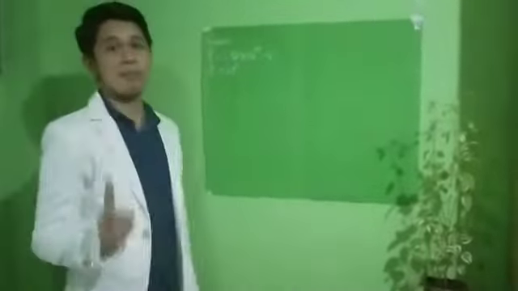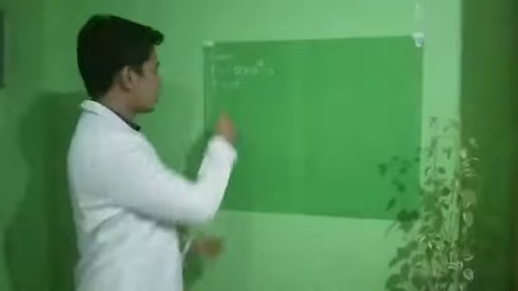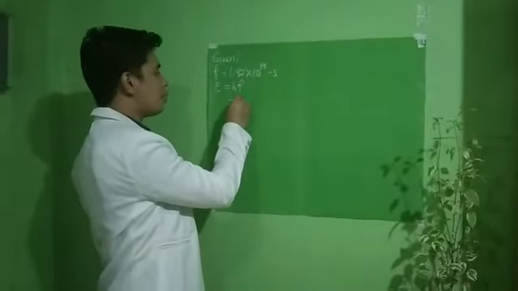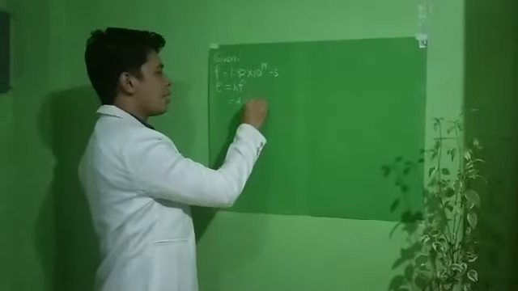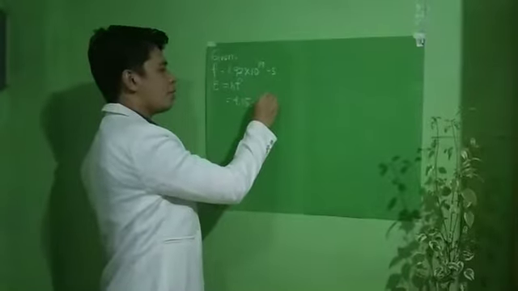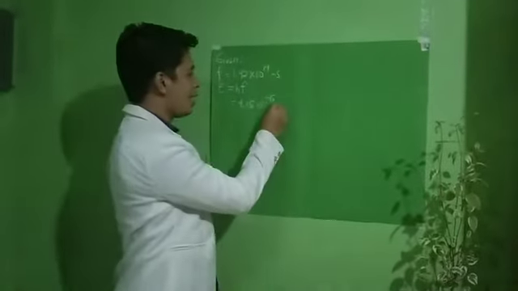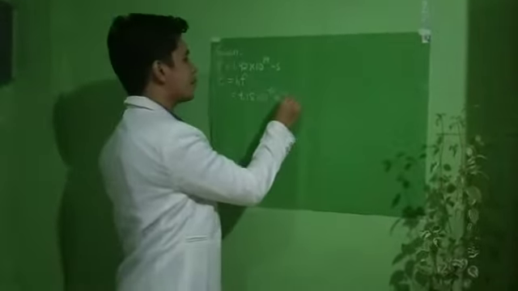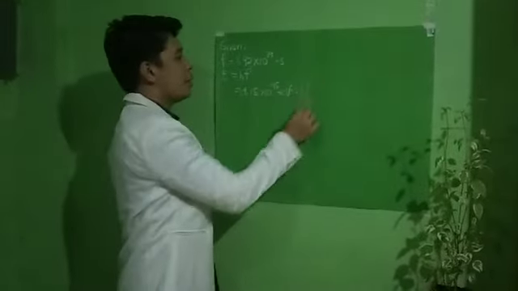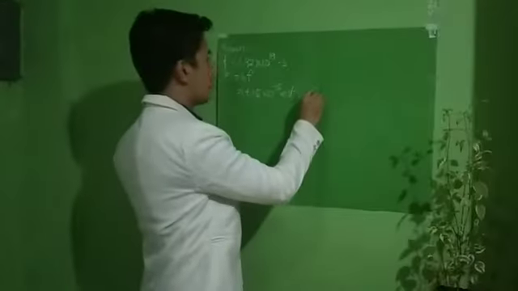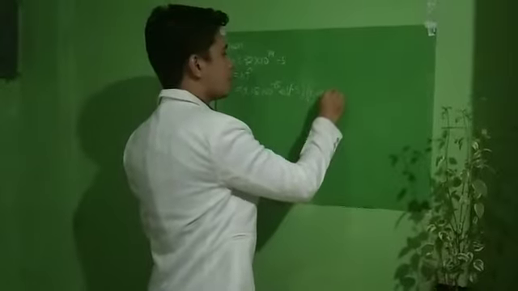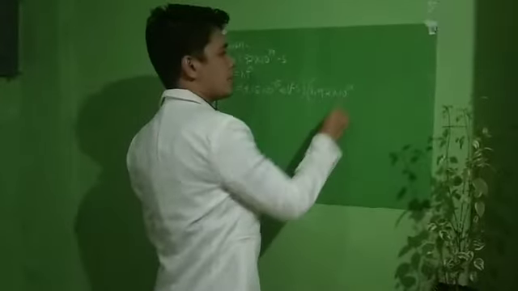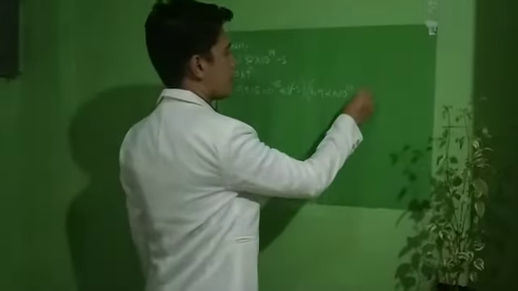Simply, let's substitute. h has an equivalent value of 4.15 times 10 raised to the negative 15 electron volt second, multiplied by our frequency, 1.92 times 10 raised to positive 19 per second.